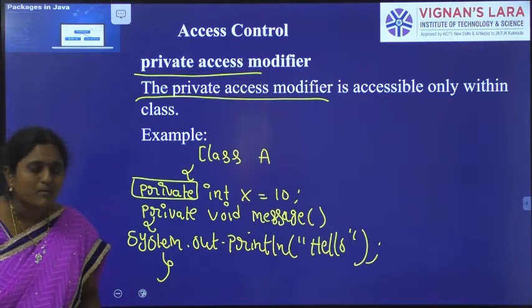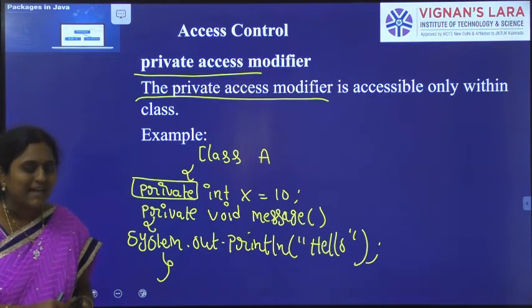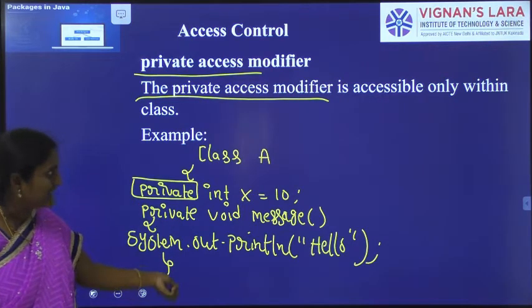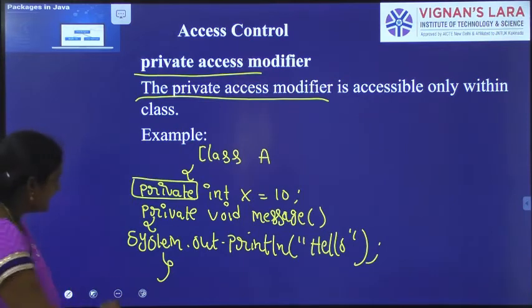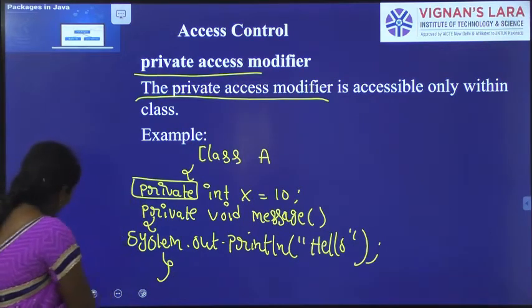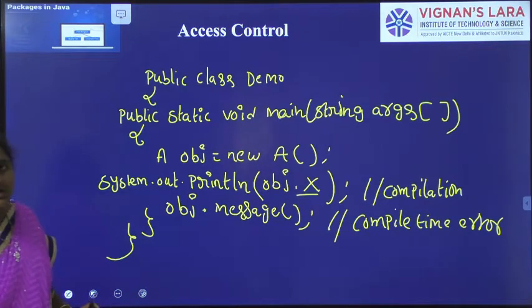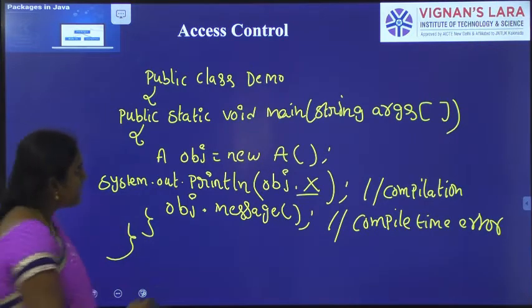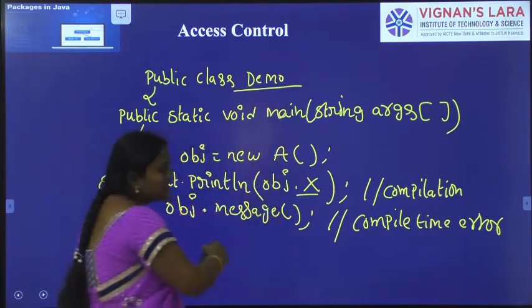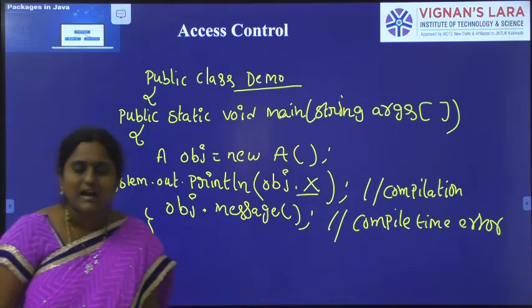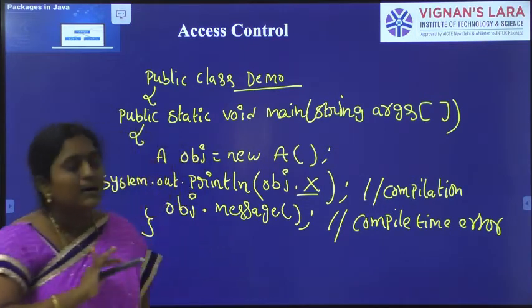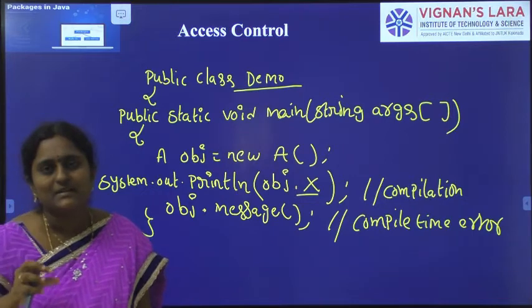What is the scope of the private access specifier? We can access it only within the class. Outside the class we cannot access it. Outside the class means the demo class. In this class we are unable to access private data members and private methods.